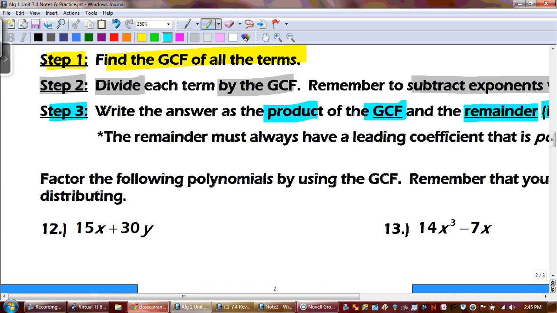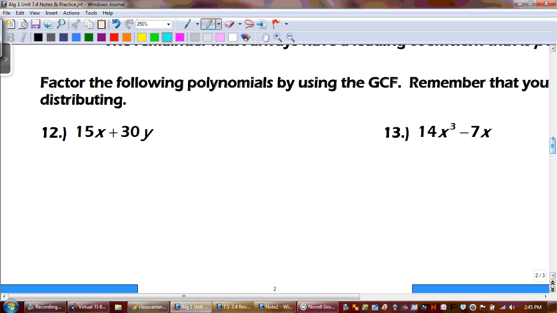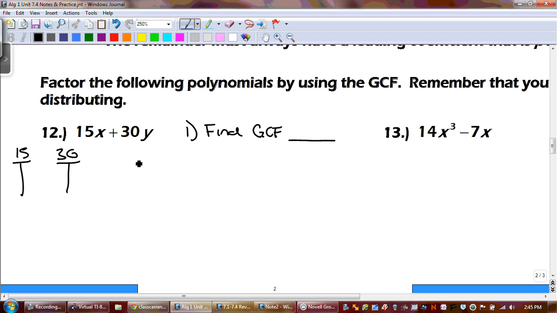So the directions say to factor the following polynomials by using the GCF. Remember that you can check your answers by distributing. So the first thing that we need to do is find the GCF. Now, if you still need to, write down 15 and 30.